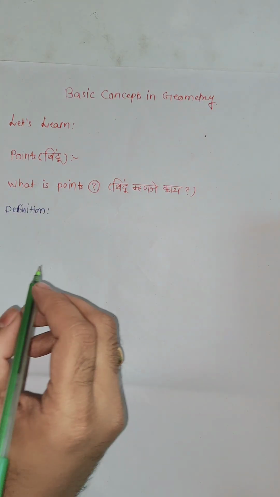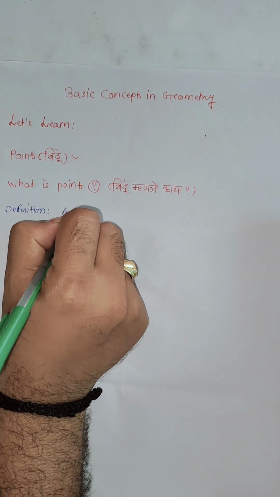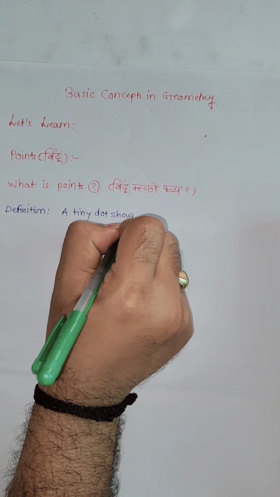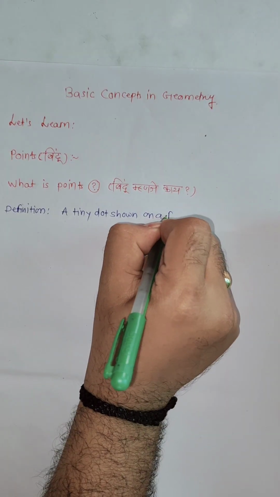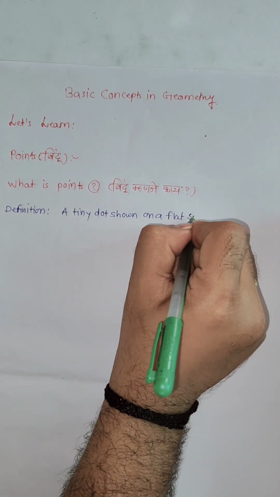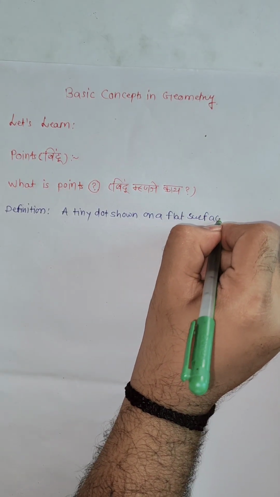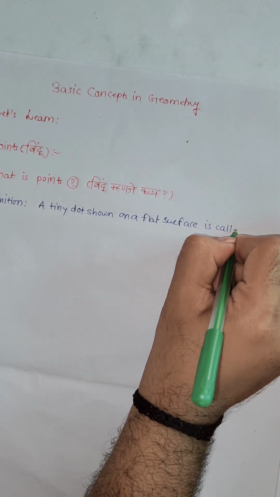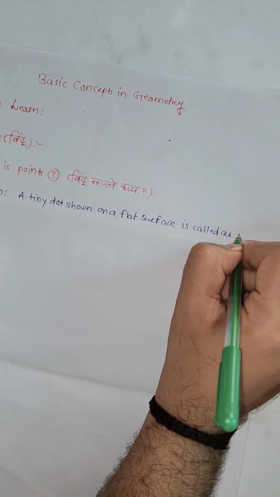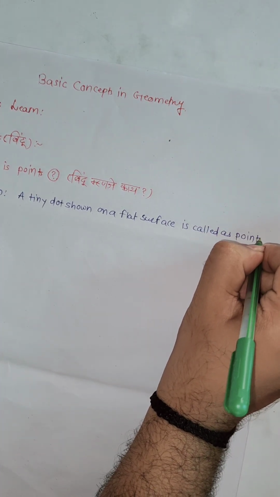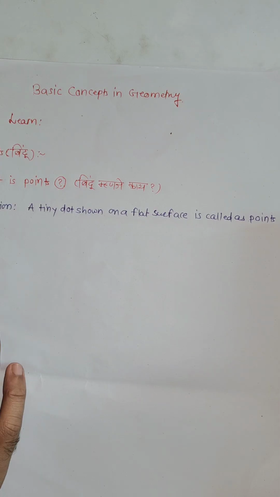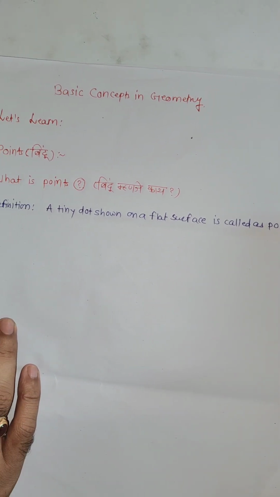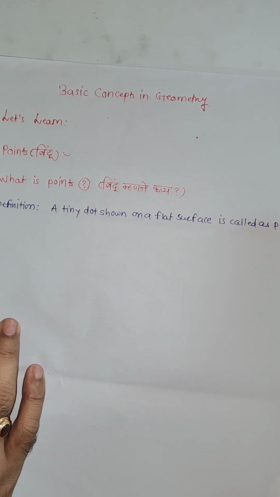The definition: a tiny dot shown on a flat surface is called a point. Clear?